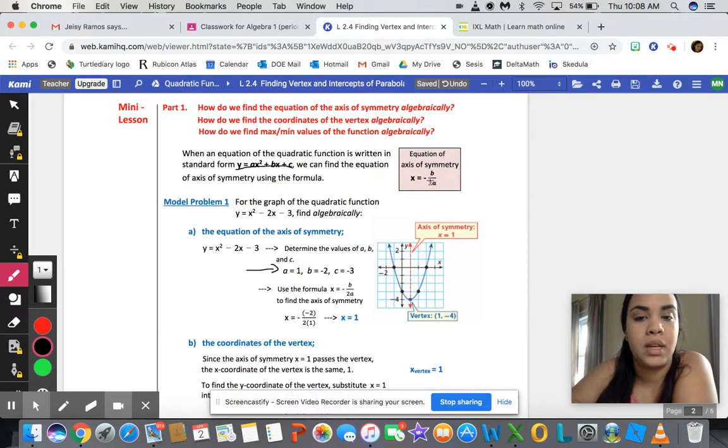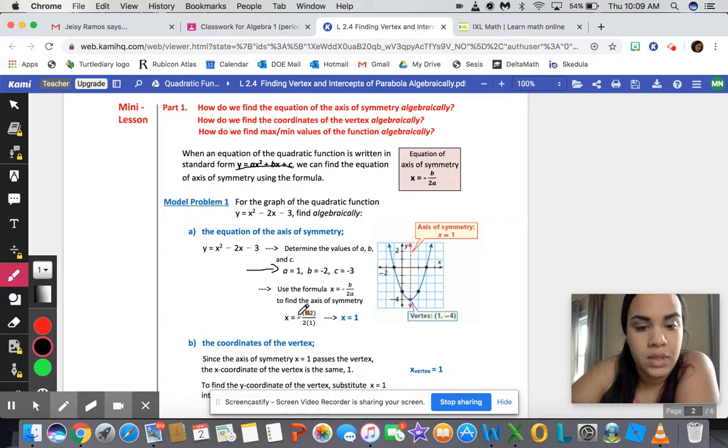Now we're going to plug it in to the formula over here, x equals negative B over 2A. B over here is negative 2.